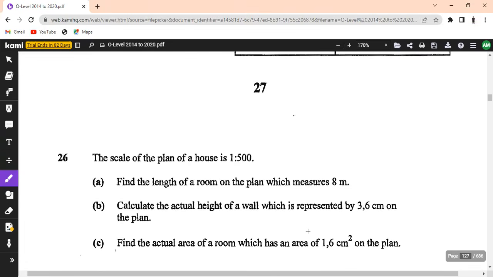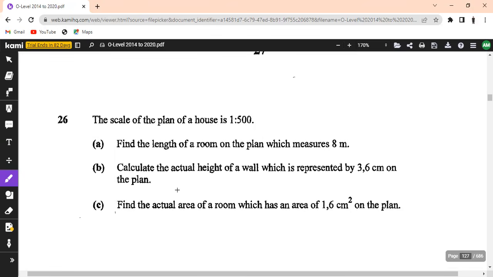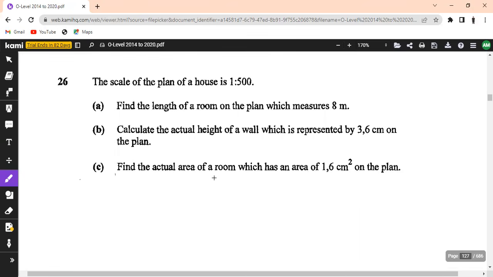All right, then on number 26, that is the map of a house, with a scale given as 1:500. Find the length of a room on the plan. So guys, I told you that this scale simply means 1 centimeter on the map is representing 500 centimeters on the ground. That is what it means.